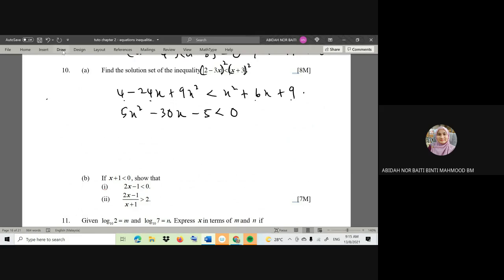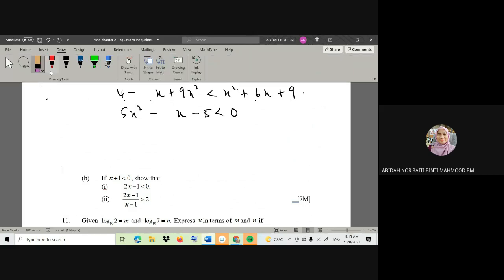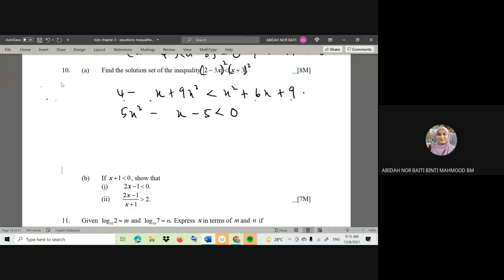Ini kenapa 24? Salah kan 24 tu? Kan? Ni not 24 kan? 12 kan? So negative 12 minus 6 is minus 18.